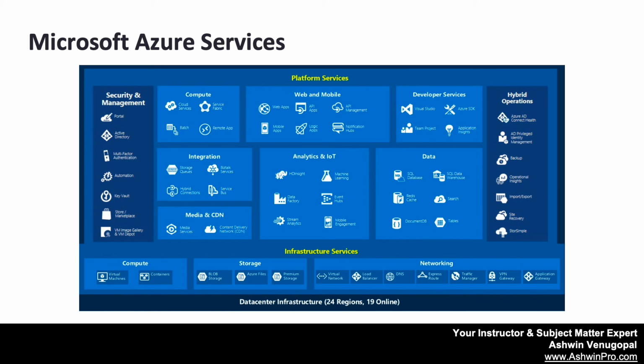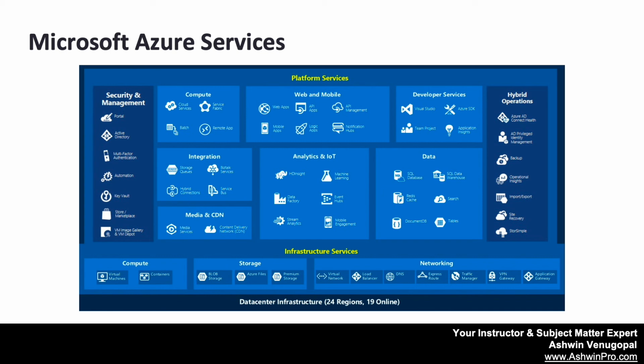Basically, compute is where you have the actual virtual machine in the infrastructure scenario. In the compute scenario of the platform, you have remote application. The actual virtual machine will be in the infrastructure as a service scenario. In storage, you have the database or the Azure files or maybe any premium storage that you have used.